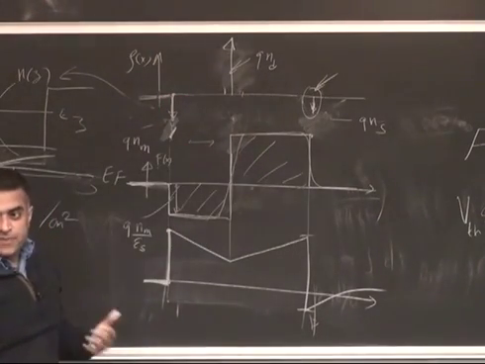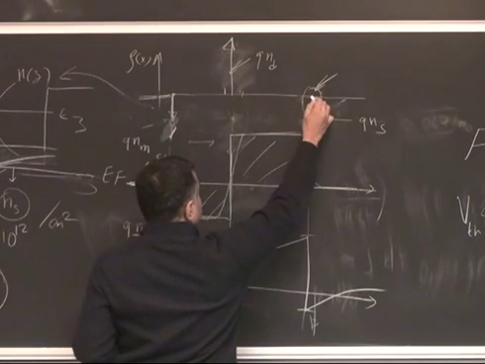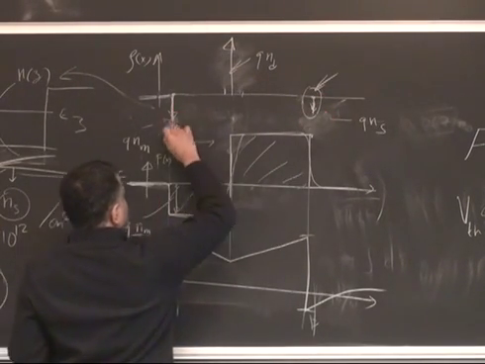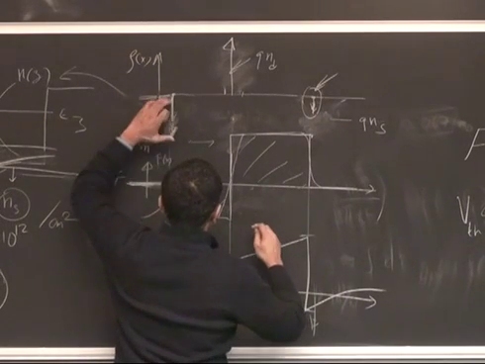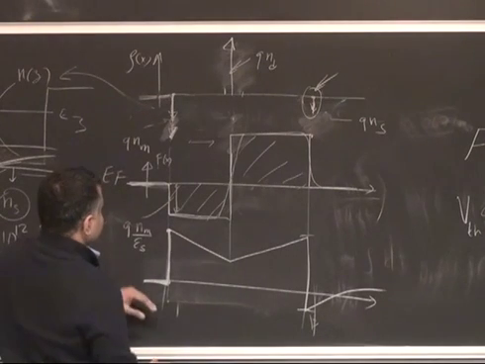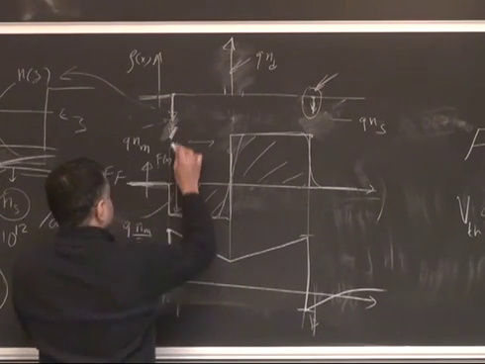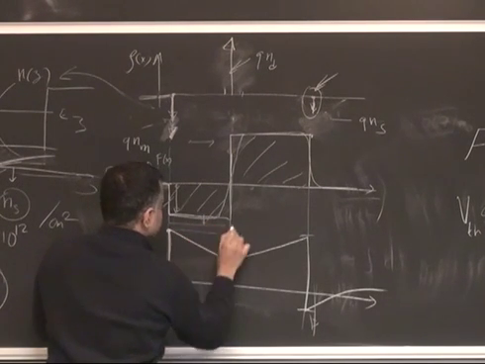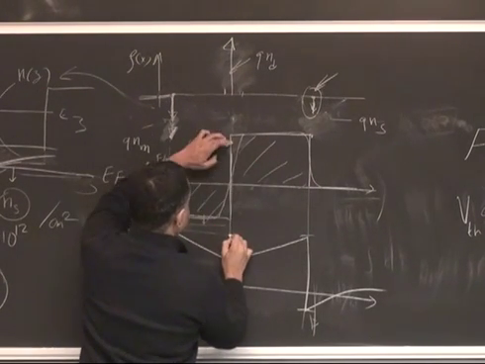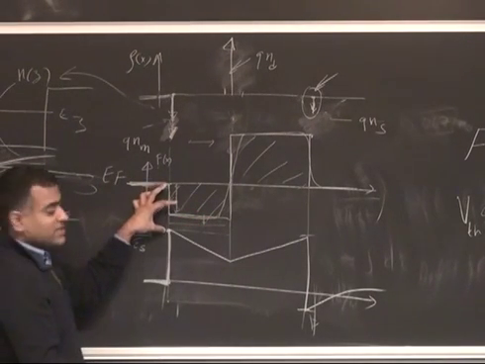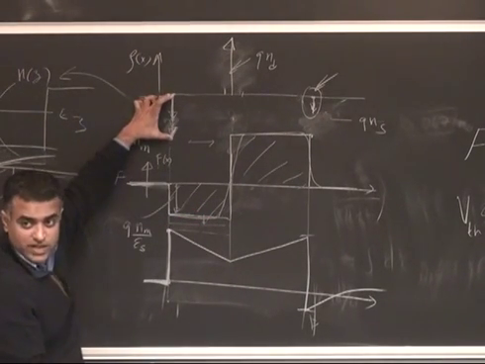And at some point, this will be very small, and this will grow to a value, and you can see that when that happens, the field is going to change in a nice way. The field is going to increase here because the discontinuity is exactly equal to this charge divided by epsilon.